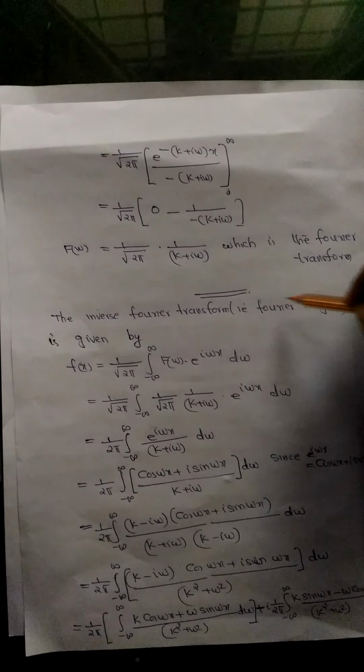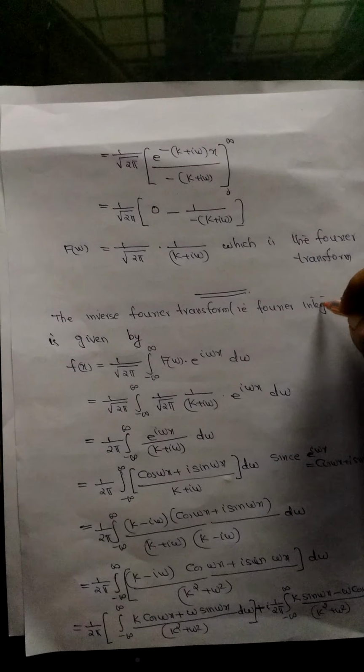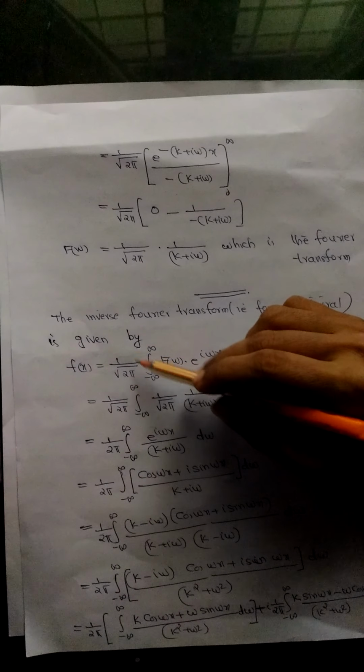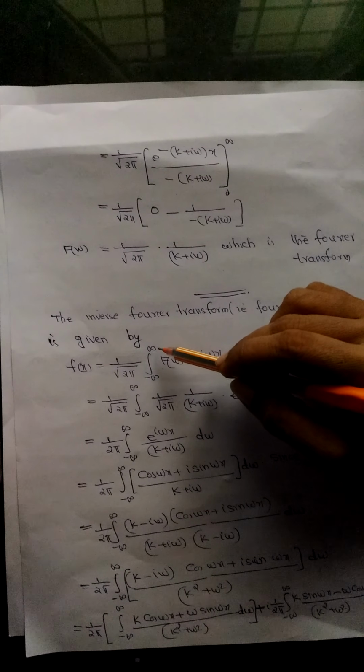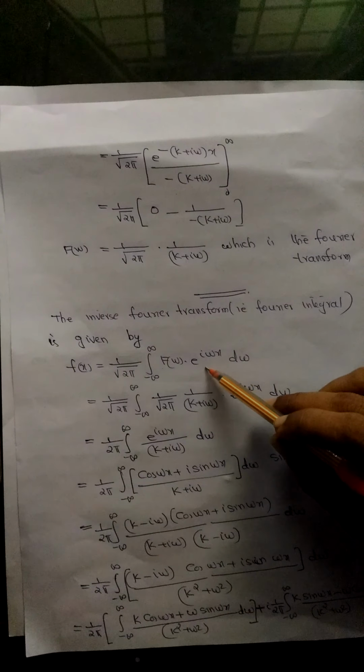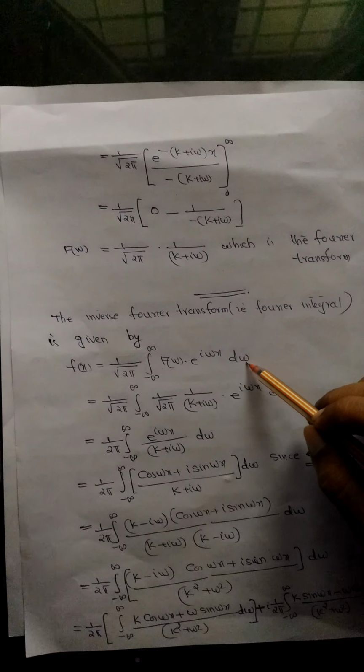And the inverse Fourier transform, which is known as the Fourier integral, is given by f of x equal to 1 by root 2 pi integral from minus infinity to plus infinity F of omega into e raised to i omega x d omega.